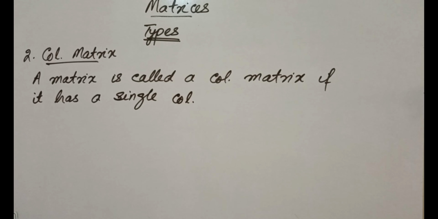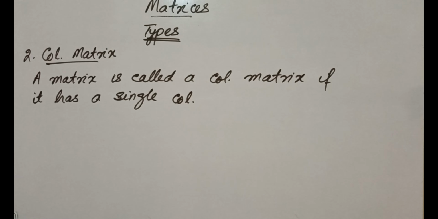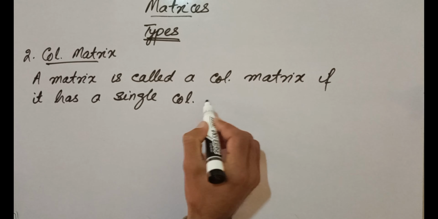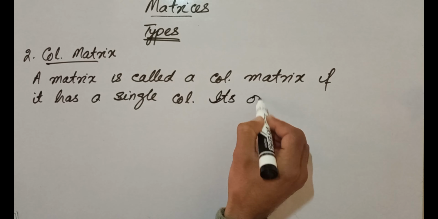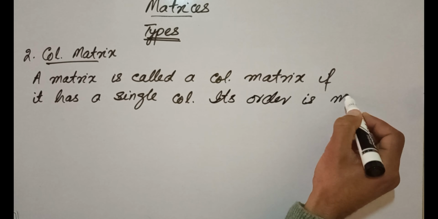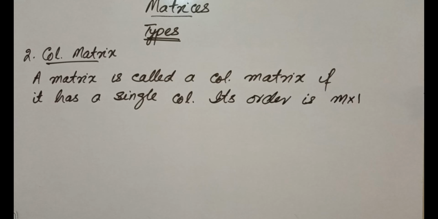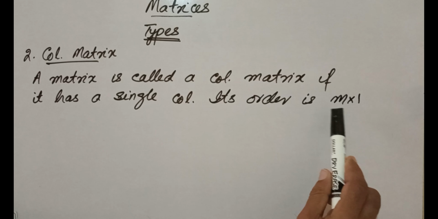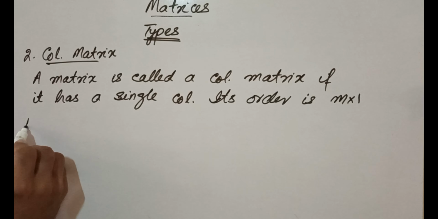Thus, a matrix having a single column is called a column matrix, and its order would be m cross 1. That is, the number of columns is fixed, which is 1, and we may have different number of rows.